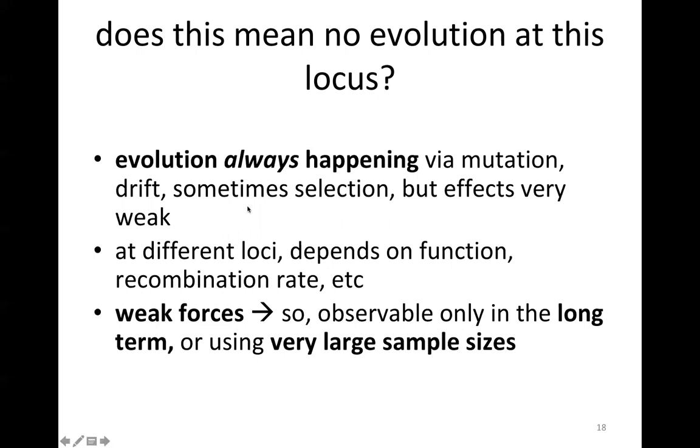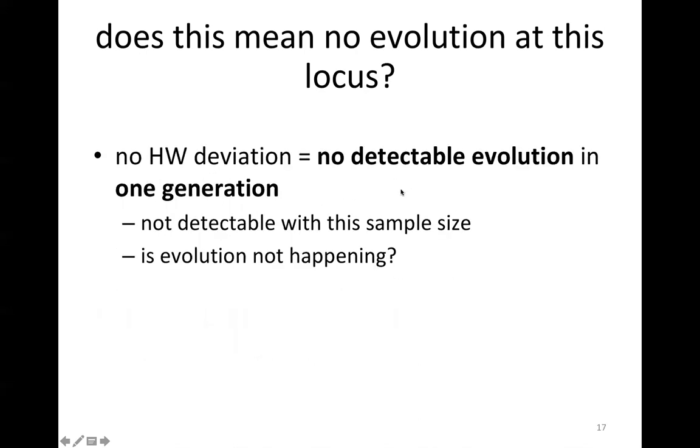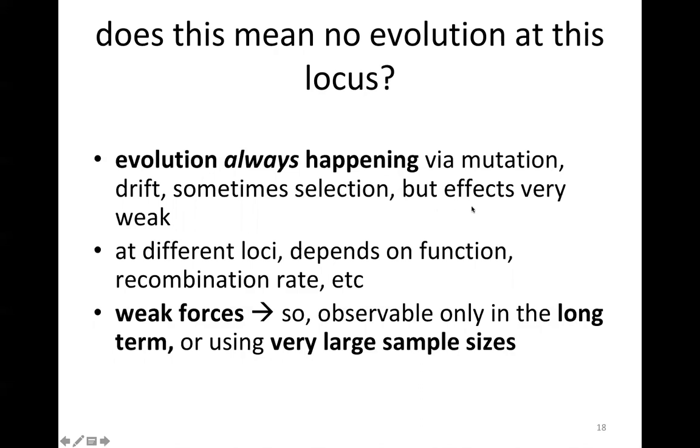There might not be selection indeed, but there would be some amount of mutation happening and some amount of drift happening. It will vary, of course, from population to population, locus to locus, but drift and mutation are always happening. Selection is sometimes happening, but these effects are weak and so might not be detectable in a single generation.